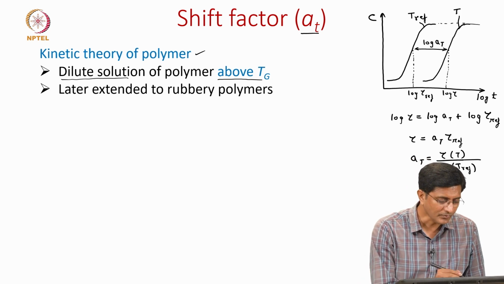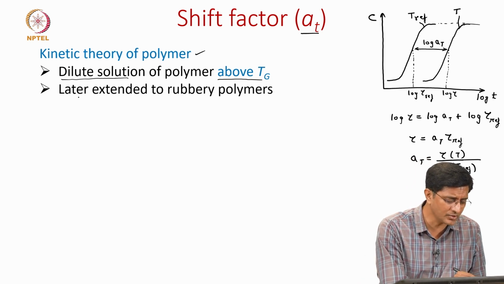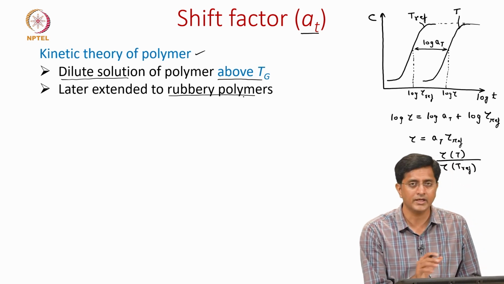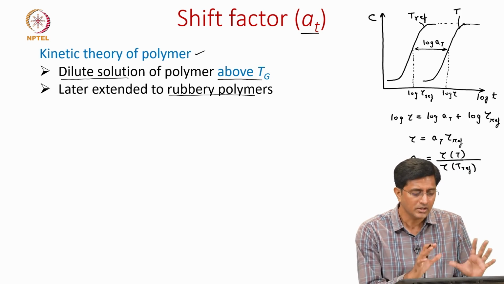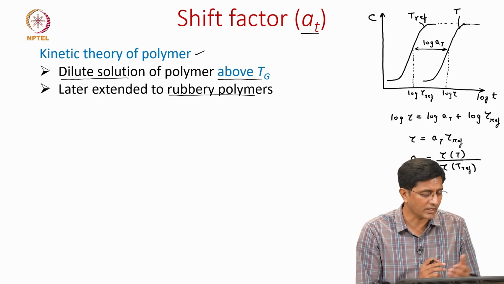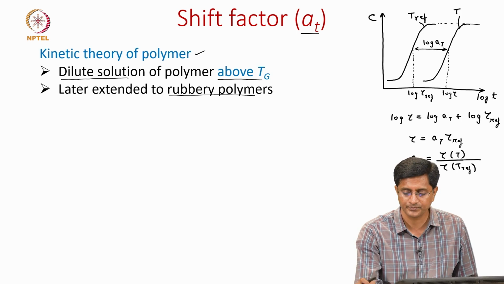But later from dilute solution it has also been extended to rubbery polymers. Again I should specify that these are all above Tg as per the kinetic theory of polymers.